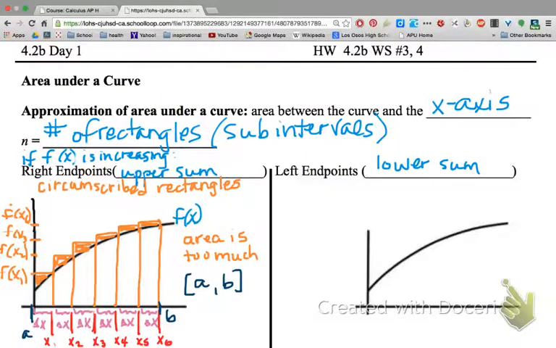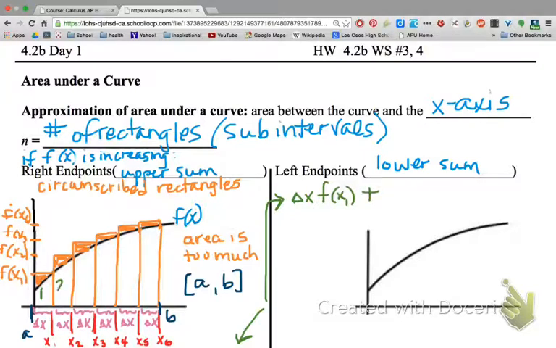So now, if I want to find the area for this, I would actually recommend that you write this down below here, but since I didn't leave enough space and I can't scroll up with this program, I'm going to write it up here in this upper piece. I won't make that same mistake twice on the next one. So now, here's what I notice. Every single one of those rectangles, I have to do width times height. So for this first one, number 1, I would do delta x times f of x sub 1.